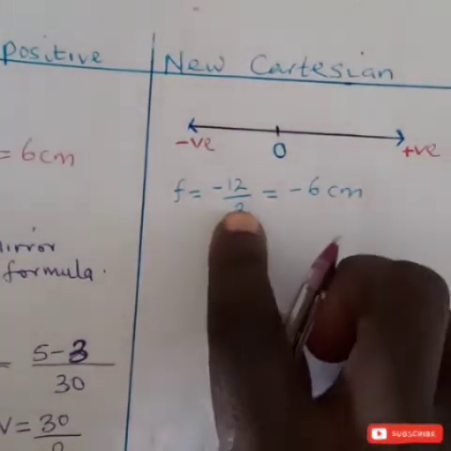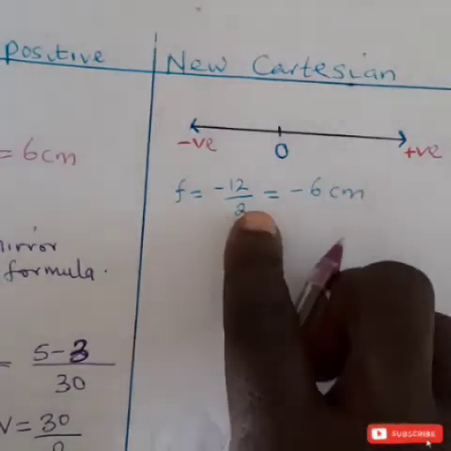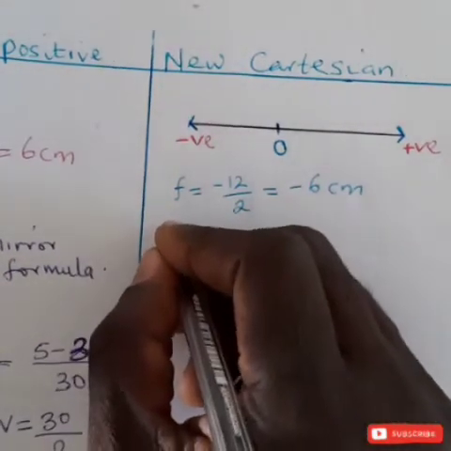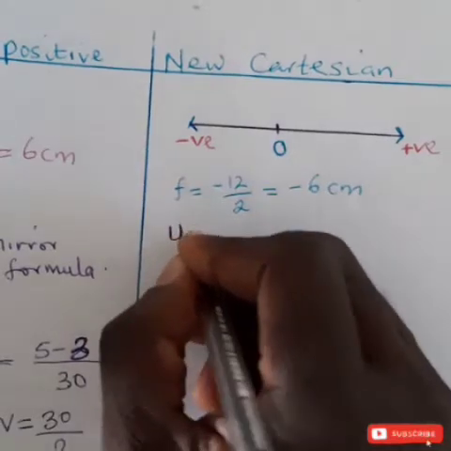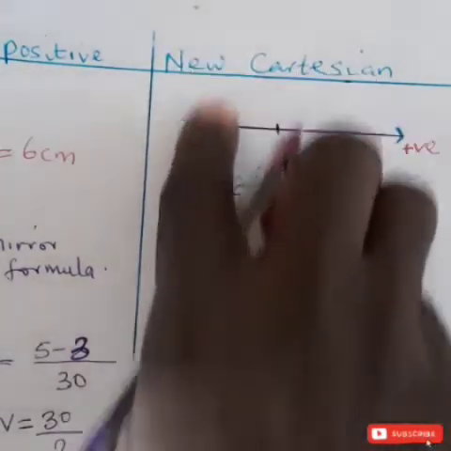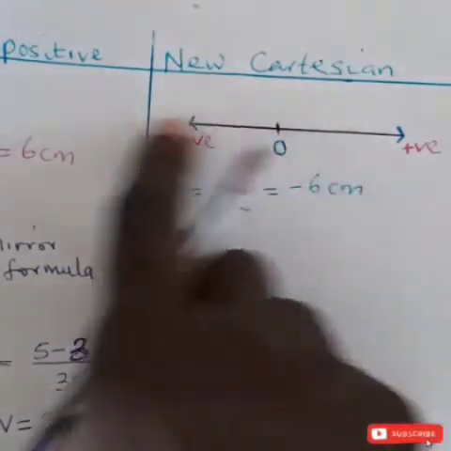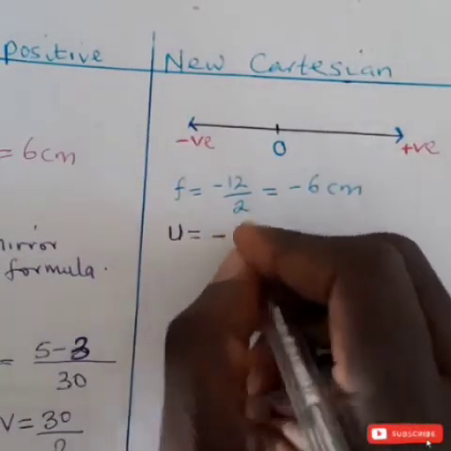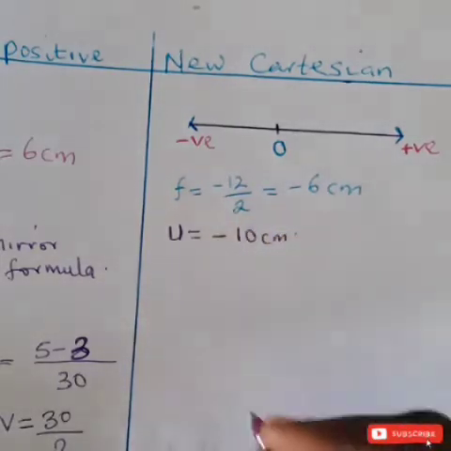Now, that is the principal focus, or the focal length rather. Then the object distance, this time around: the object is placed in front of the mirror on this side, so this is going to be taken as negative. So the object distance is going to be minus 10 cm.